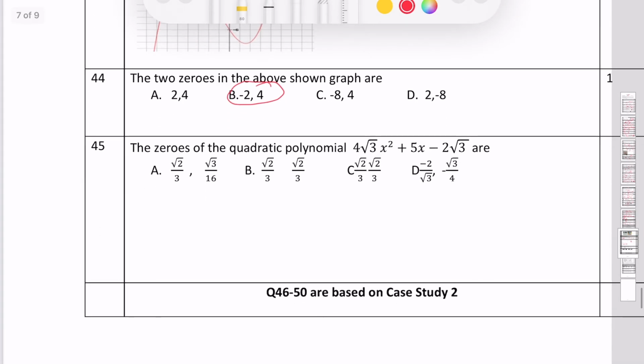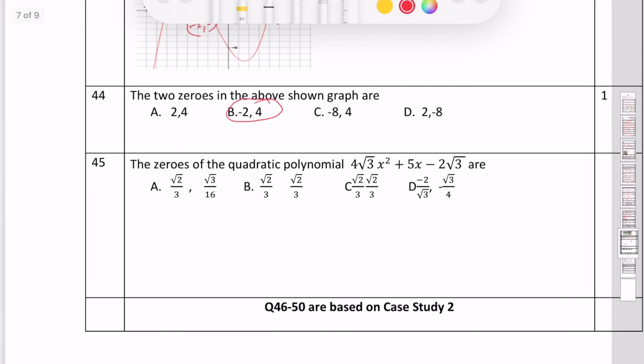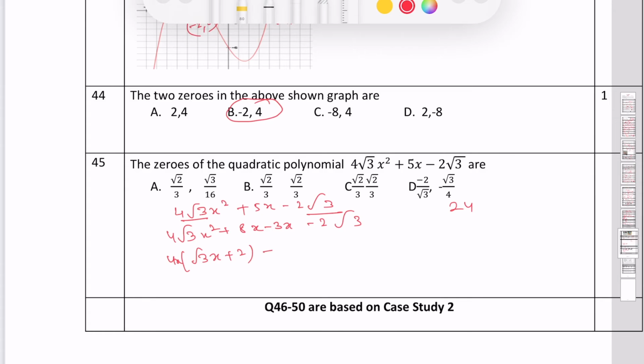Next is the two zeros of the quadratic polynomial. If we simplify it, it is 4 root 3 and 2 root 3 will be 24. And we break the middle term. It is 4 root 3 x square plus 2x minus root 3x plus 2.